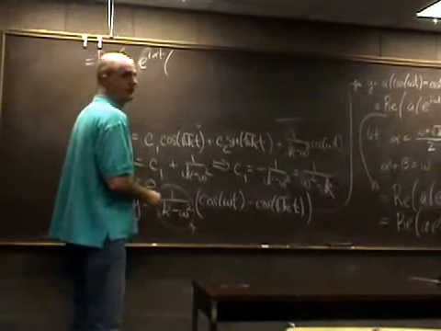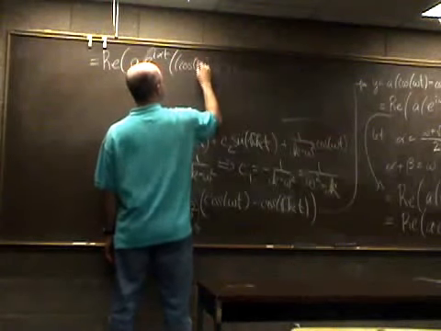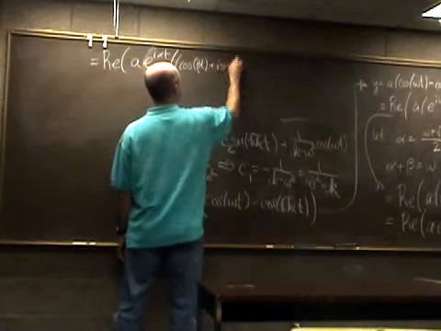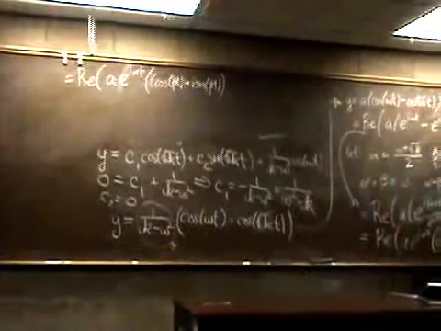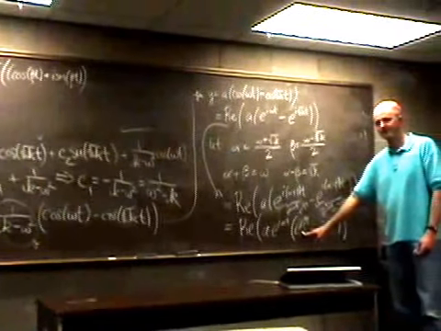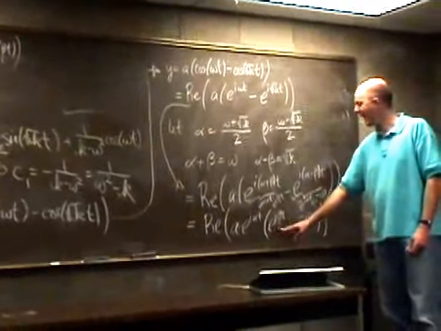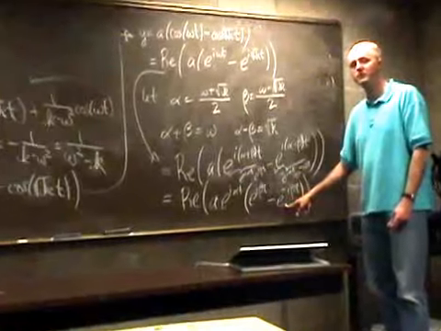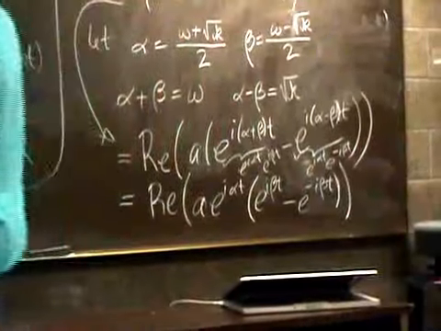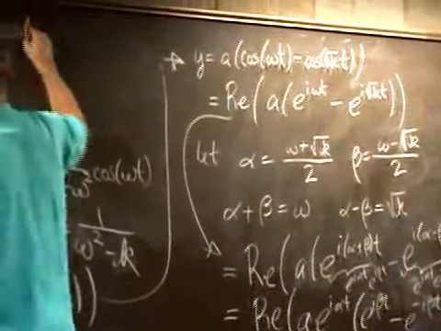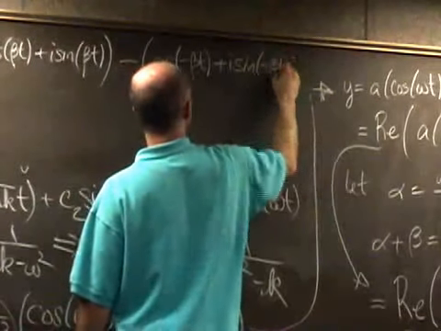Using Euler's formula on the difference, I get a cosine of beta t plus i sine of beta t. Now subtract what you get when you use Euler's formula here and carry the negative sign into the beta t. So I have minus cosine of negative beta t plus i sine of negative beta t.